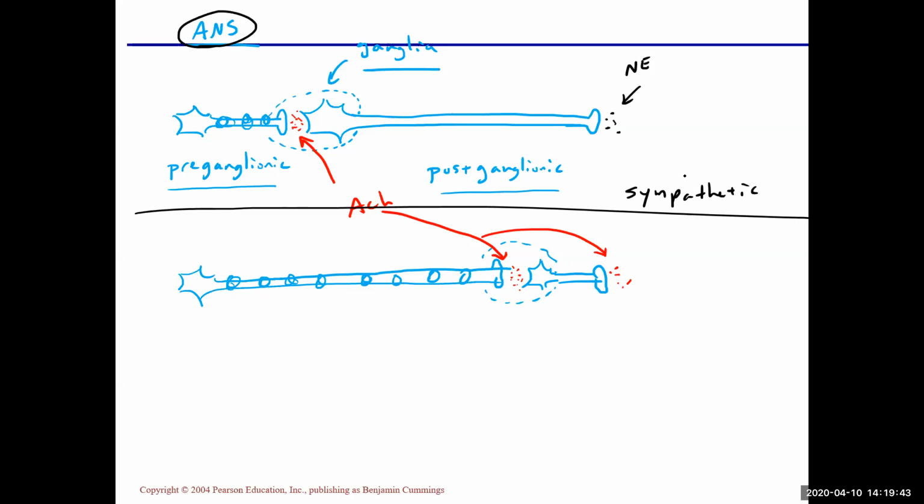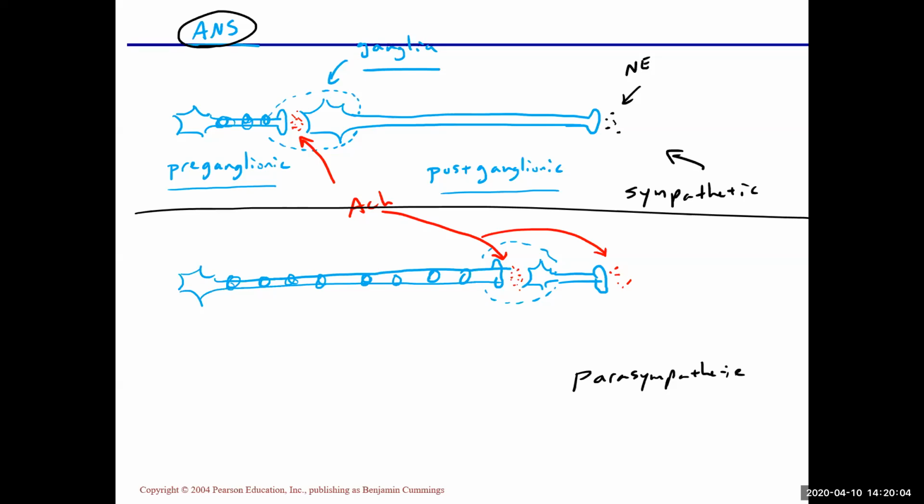And the bottom one right here, so this includes the two neurons, by the way. The bottom one right here, this is the parasympathetic. Parasympathetic, so these are two divisions now, okay?